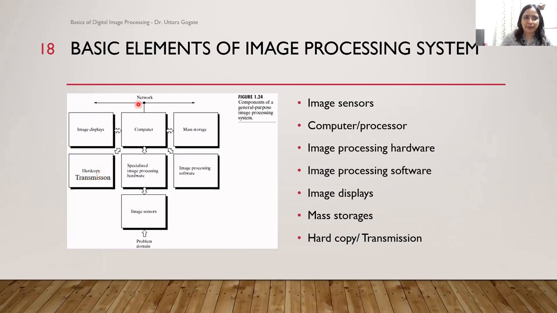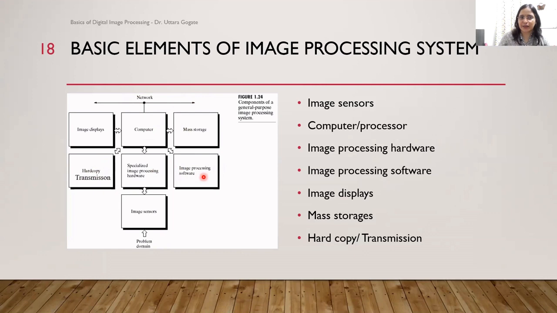Or if you want to transmit using the network, you can transmit it. And for all these, for processing, we require specialized image processing software. This is very important because using this only we can do all these things, that is, different types of processing.